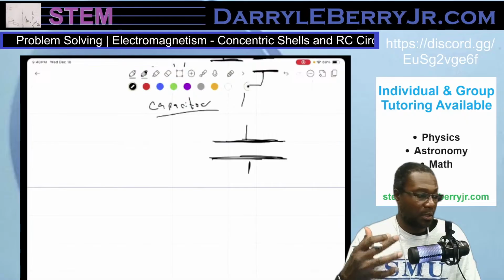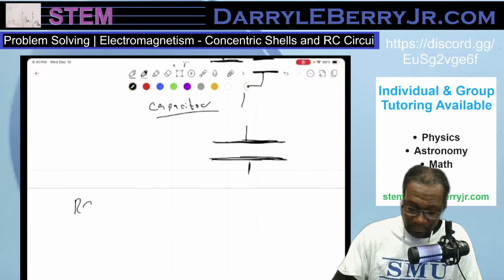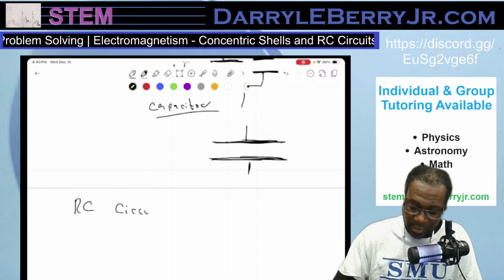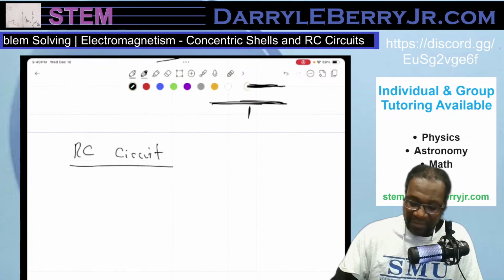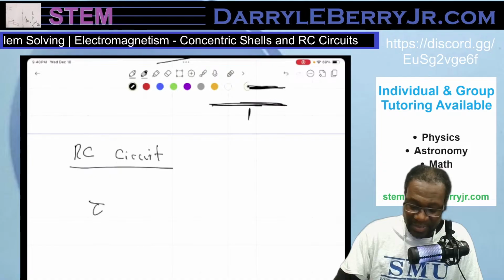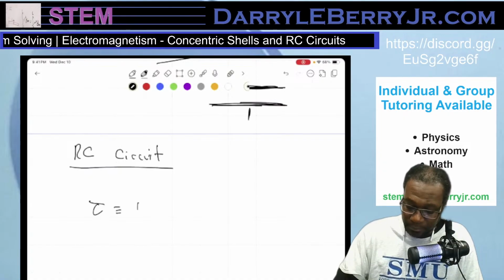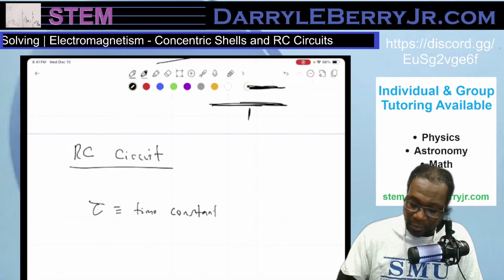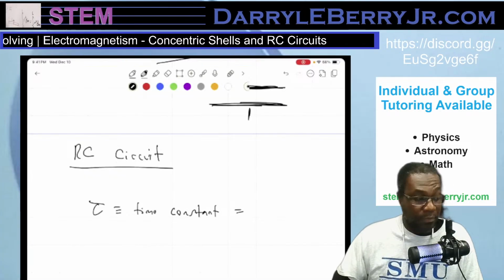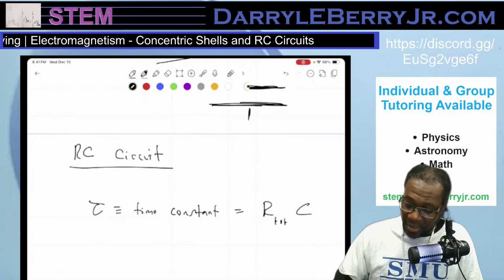We have to get something called the time constant. So we have an RC circuit, a circuit with just resistors and capacitors. Every RC circuit is going to have a time constant tau, and this time constant will be related to the total resistance and the total capacitance.